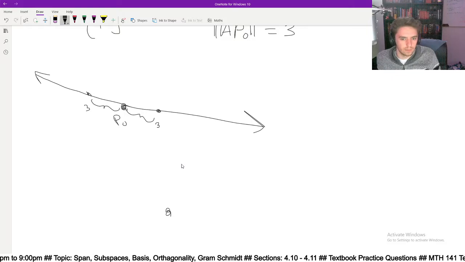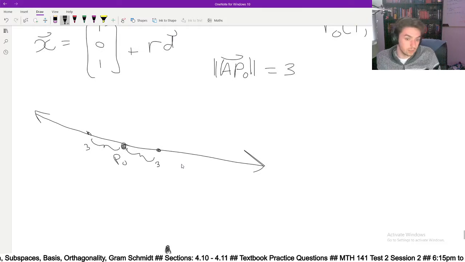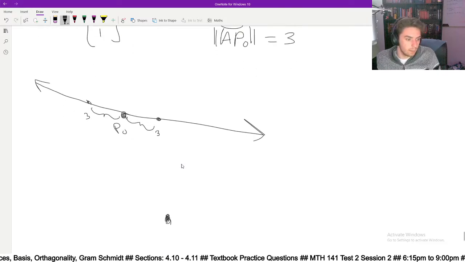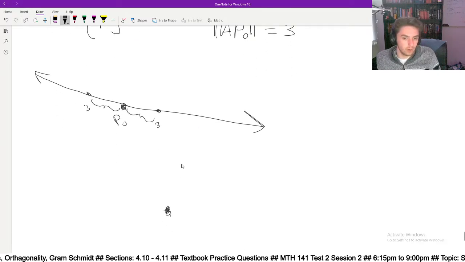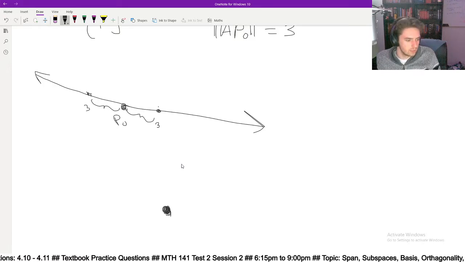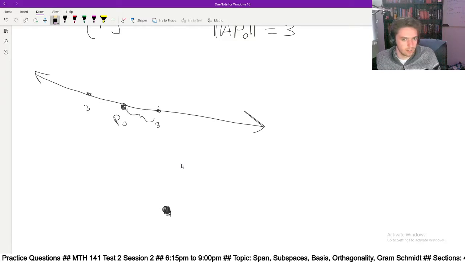We have another line. It starts at some point. There are still 2 answers. We want the line that passes from here to that point and from this point to that point. And those are both the answers. That seems like it's going to work.